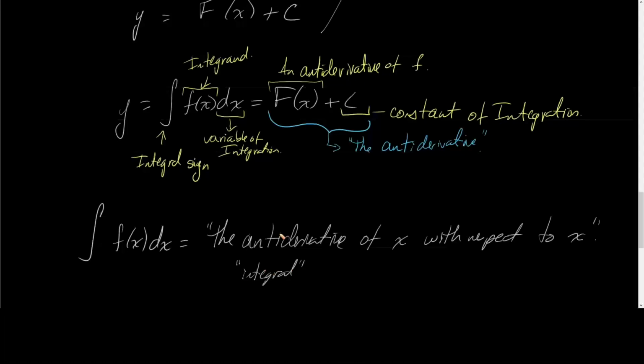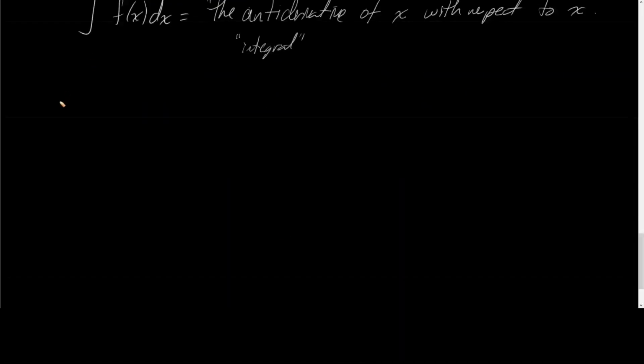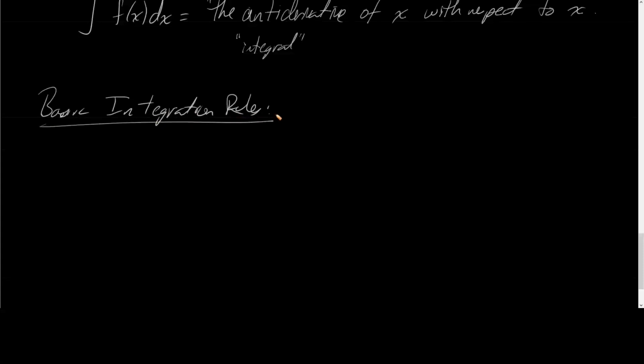But now, basic integration rules. What do we mean here? When we say the antiderivative of capital F prime of x dx, that would just be capital F of x plus c.